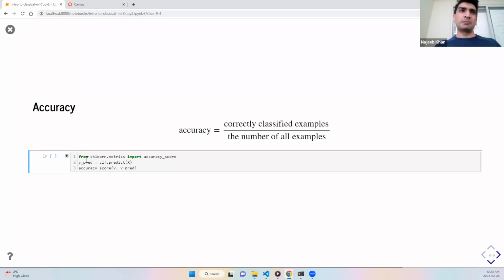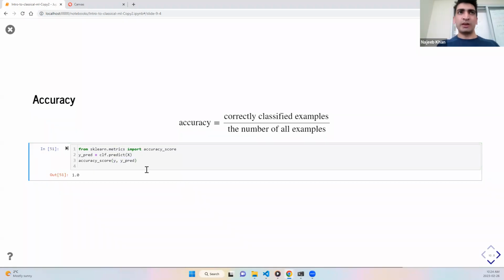Scikit-learn has these metrics. From sklearn.metrics, import accuracy_score, and then you have your model predictions, and you can just provide the actual labels, the y, and the model predictions, and it will give you the accuracy.